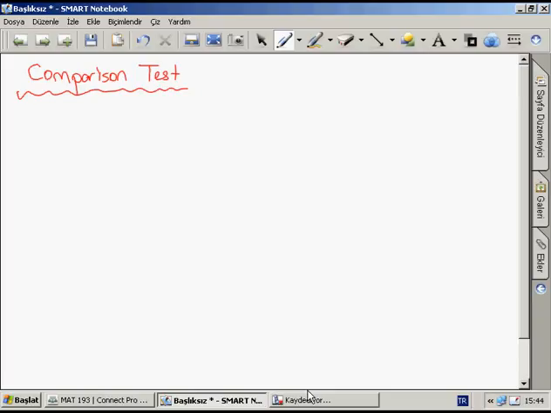Given a series a_n, let's assume that we've used the comparison test to show that it's convergent. Therefore, we found a second series, b_n, convergent, and a_n is less than or equal to b_n for all n values. And what we want to do is determine how good a job the partial sums do.